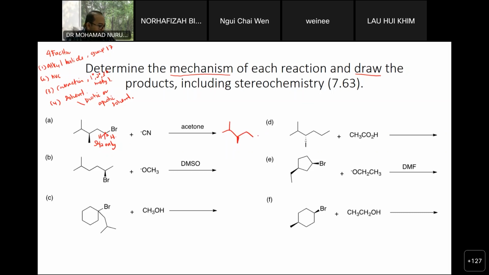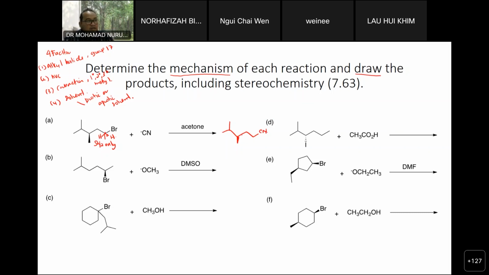In my experience, when I mark your questions, sometimes this bond is missing, sometimes this one is at the front, when you should just go with the straight line.